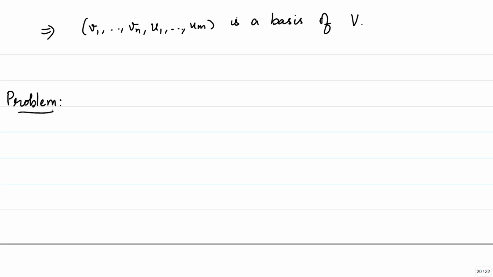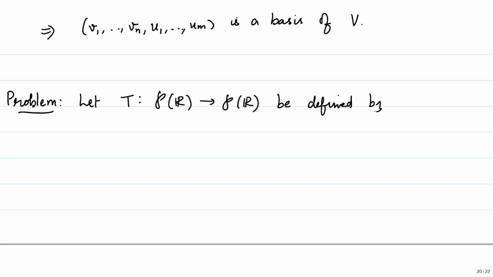Let's start with a linear transformation T from the space of polynomials over R into the space of polynomials over R. So let T from P of R to P of R be defined by T of p is equal to x squared times p of x plus p double prime of x.